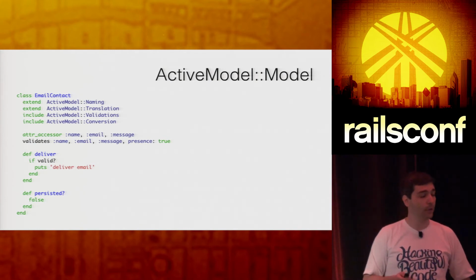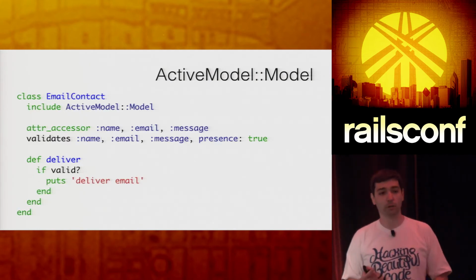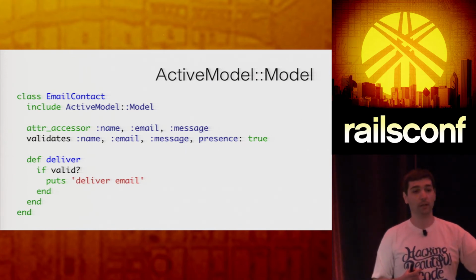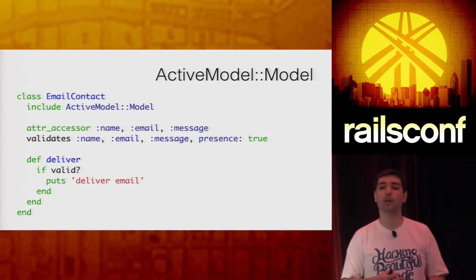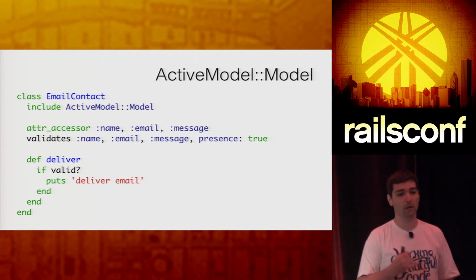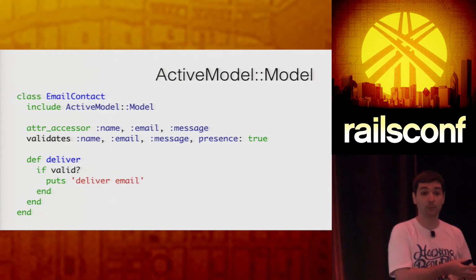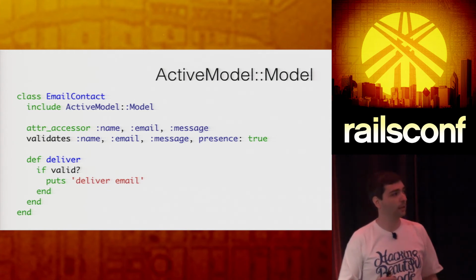But Rails 4 introduced ActiveModel::Model. So you can just include that particular module into your class, and it's going to be ready to use with Rails helpers, form_for, render, whatever other helper that works with an Active Record object is going to work with this class too.